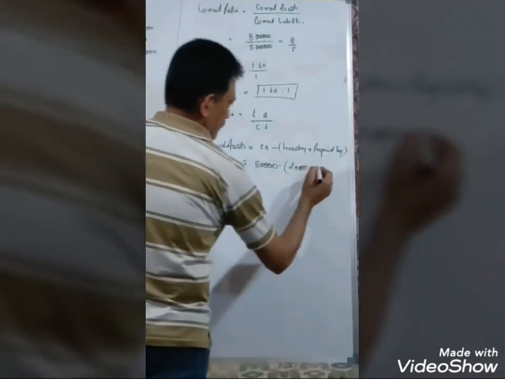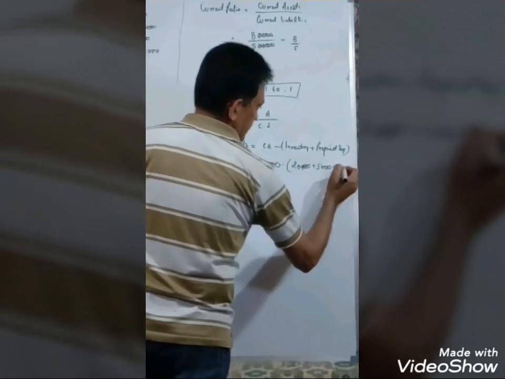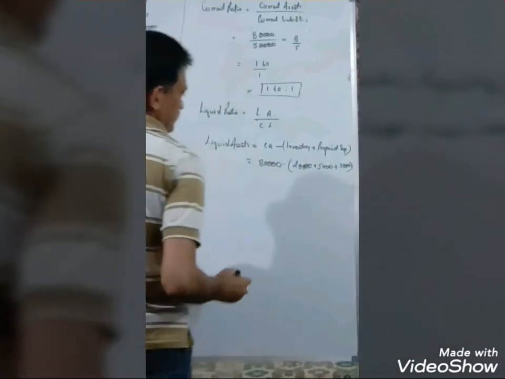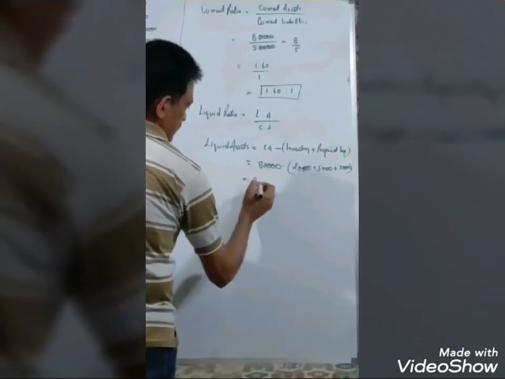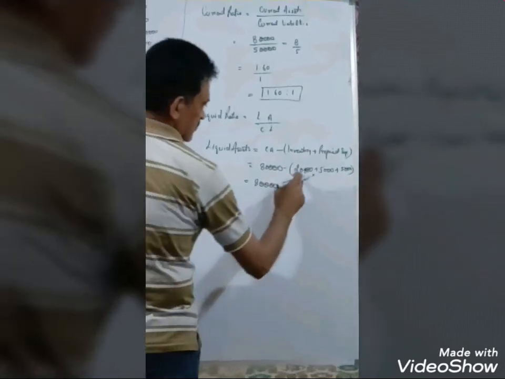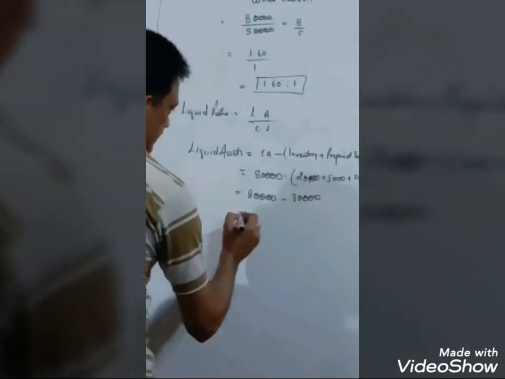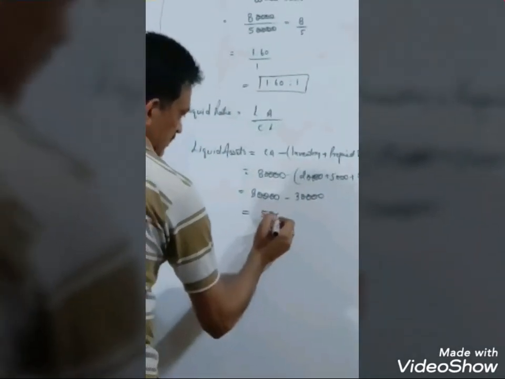So two prepaid expenses are given. Advance tax being a prepaid expenditure, and prepaid expenses 5,000. So out of 80,000, we have to deduct 30,000. Now quick assets are 50,000.